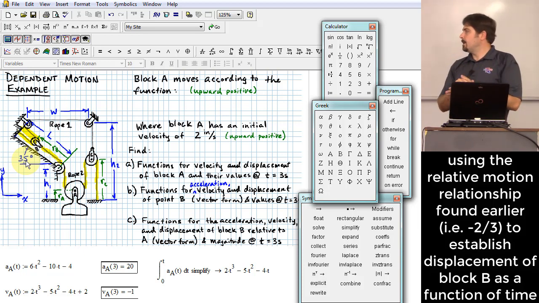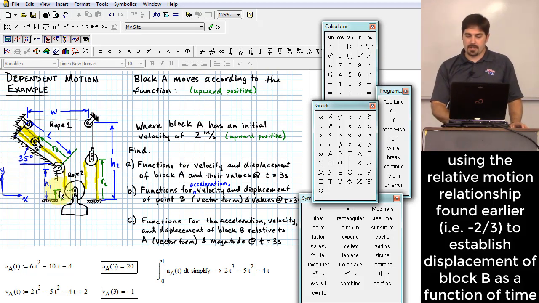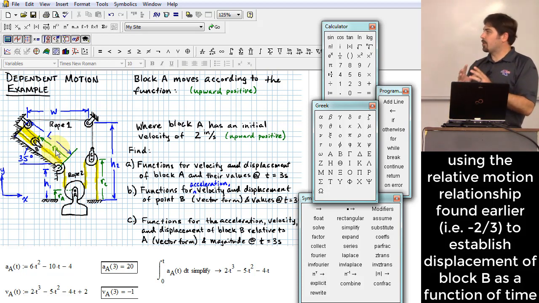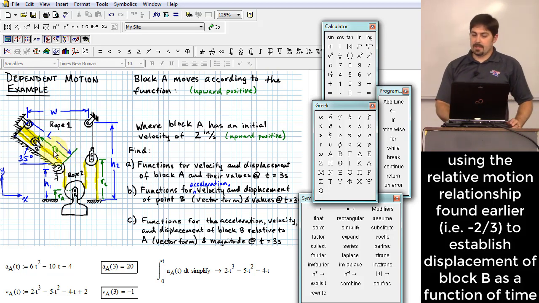All right. The next thing I need to do is think, I've already got a negative sign in there. The negative sign indicates that when block A is moving in the direction that RA gets larger, it means that RB is getting smaller. That's what the negative sign means in the negative 2/3, right? So what I want to do there is now look at if RB is positive.